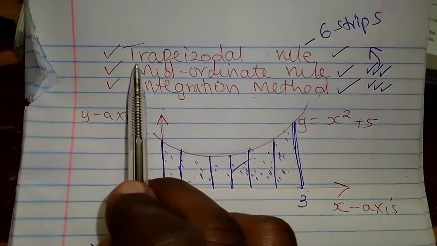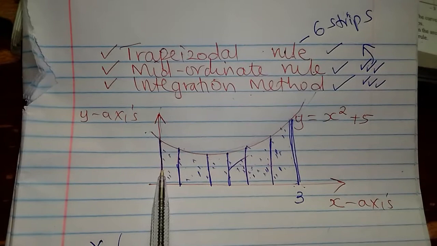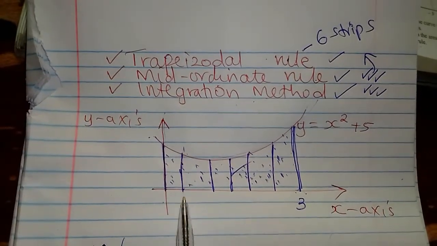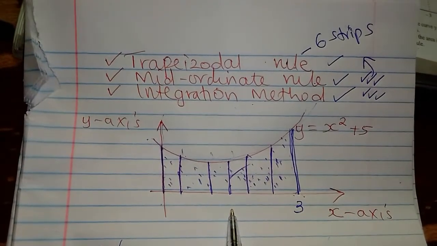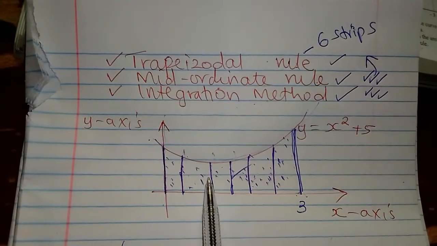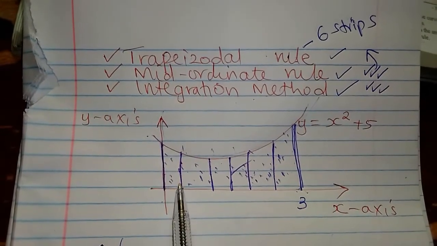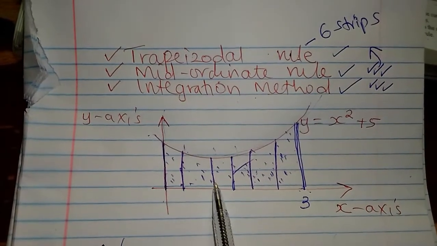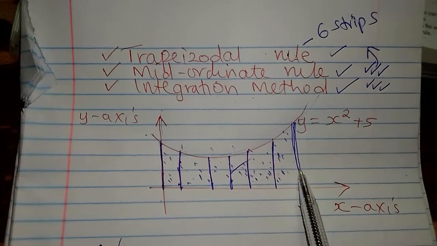So if they say use trapezoidal rule with 6 strips, ensure you begin from this point and then have 7 values of x. So 1, 2, 3, 4, 5, 6, 7.